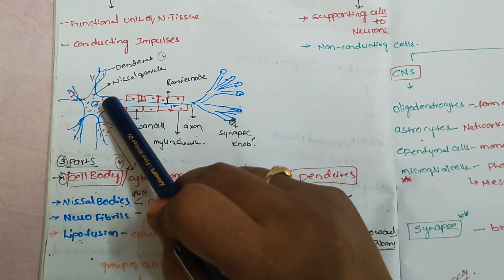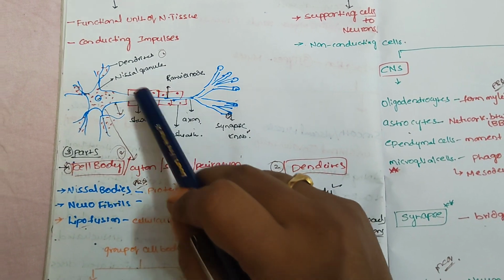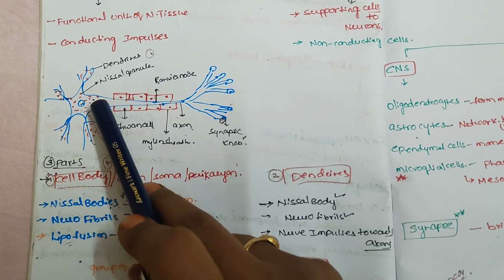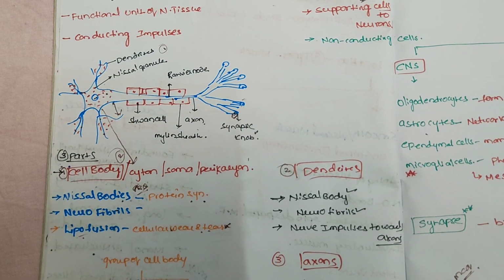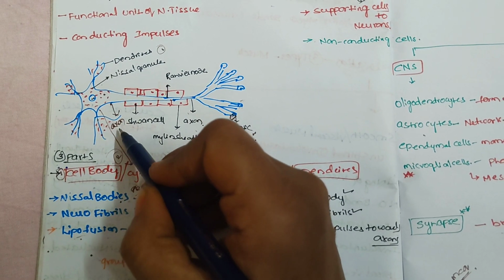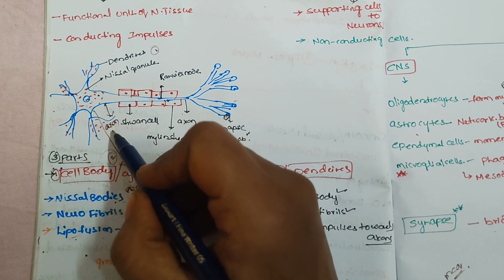From the cell body the impulses transfer from the dendrites to the axon. Here we have a structure called the axon hillock. The axon hillock is the connection of the cell body to the axon.